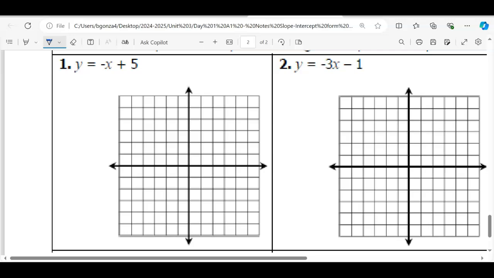All right. So here's the deal. So what's the slope? Well, it's in front of the x. But Mr. G, what's in front of the x? I only see a minus sign. That means minus what? What number is in front of the x if there's no number there? There is an implied 1, right?